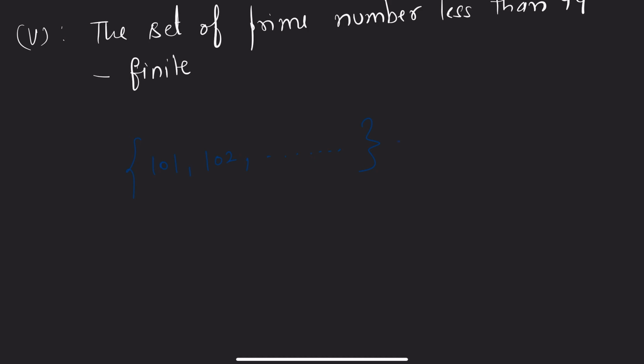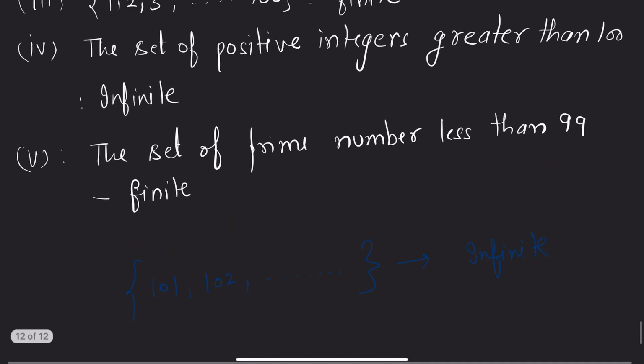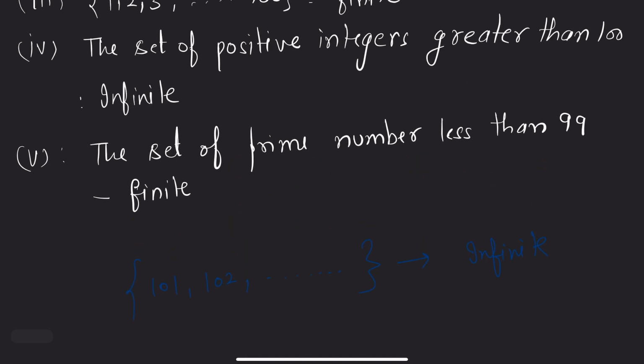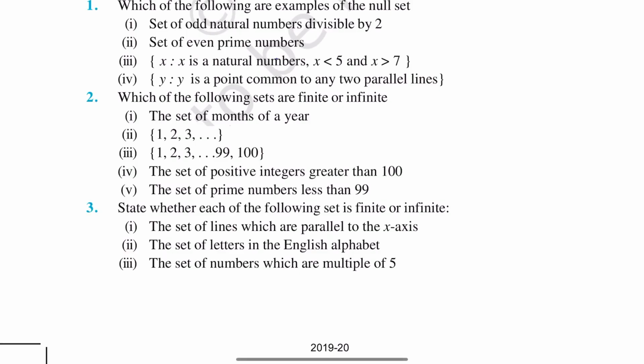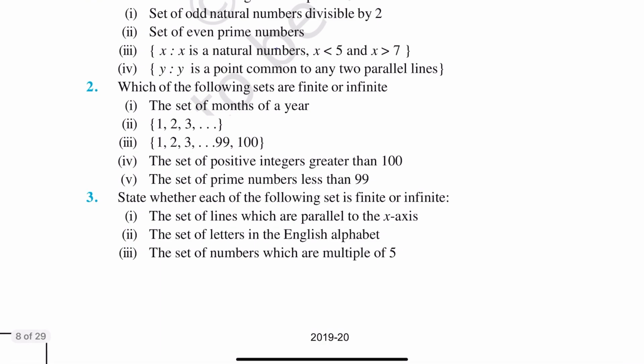Continuously it will go like 103, 104, 105 like that. So this set is infinite. After that, the set of prime numbers less than 99. This set is also finite.